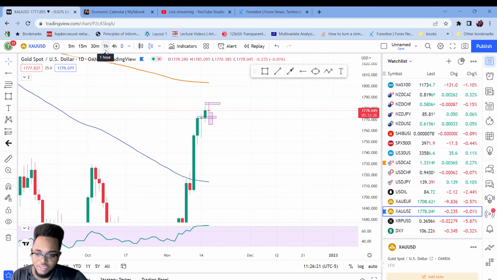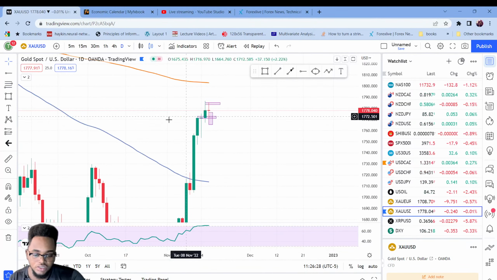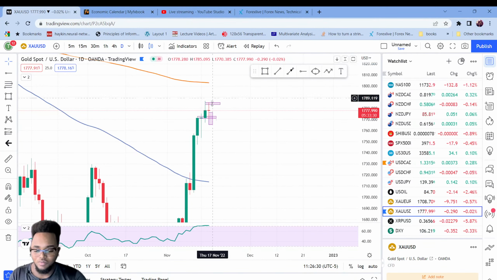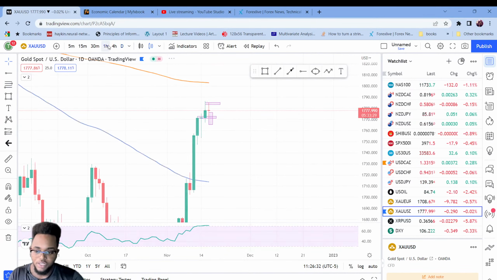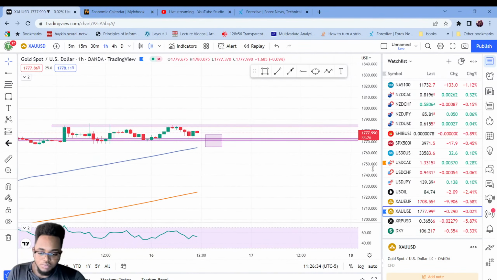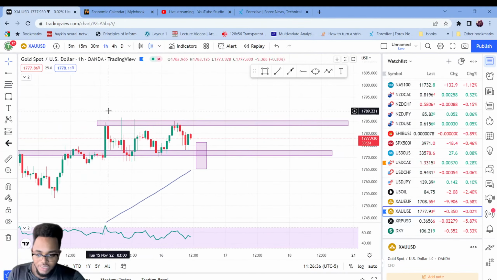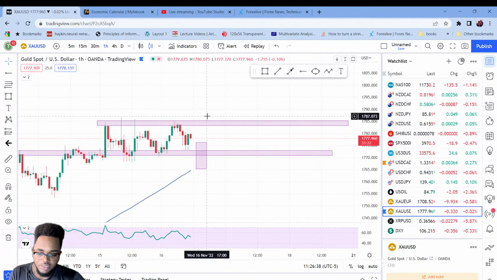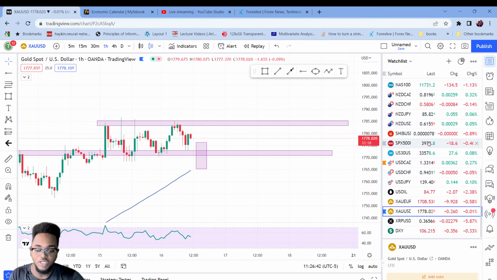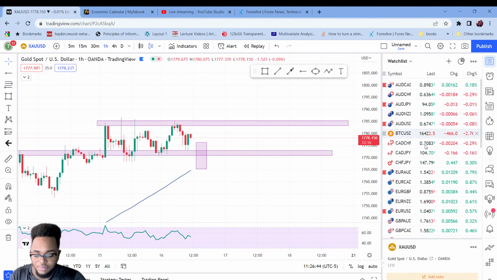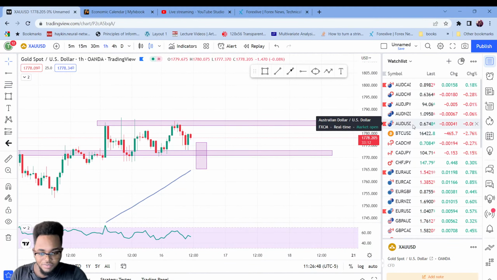But again, if that US dollar weakness does continue to push along, then we should just see price range on these US assets, and then we might see a continuation moving up, right? So it's all about whether we have the volume to do so or not. But more than likely, we should see price continue moving on unless we do have some change in the fundamental factor affecting the US dollar. So that's basically it in terms of what we're looking at on the charts, right? So hopefully you get some information out of this.